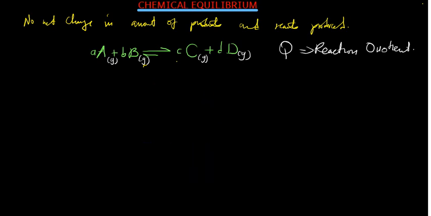Now, we have mentioned that when a chemical reaction is happening, we can calculate the value of Q. So when Q is equal to K, we are saying this is the point of equilibrium. The rate of the forward reaction is equal to the rate of the backward reaction. Well, we are also able to have a point when Q is greater than K, and when Q is less than K. Then what does that mean in this case?